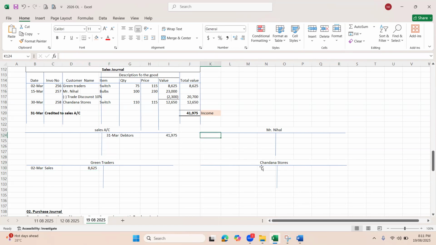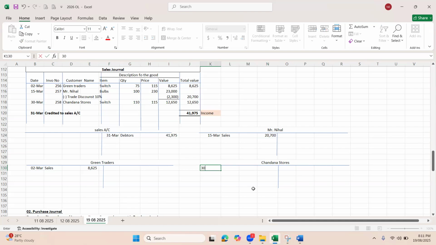Then Mr. Nihal debit on 15th March, sales, 20,700. Then 30th March, sales, 12,650. So very easy. See here, students.